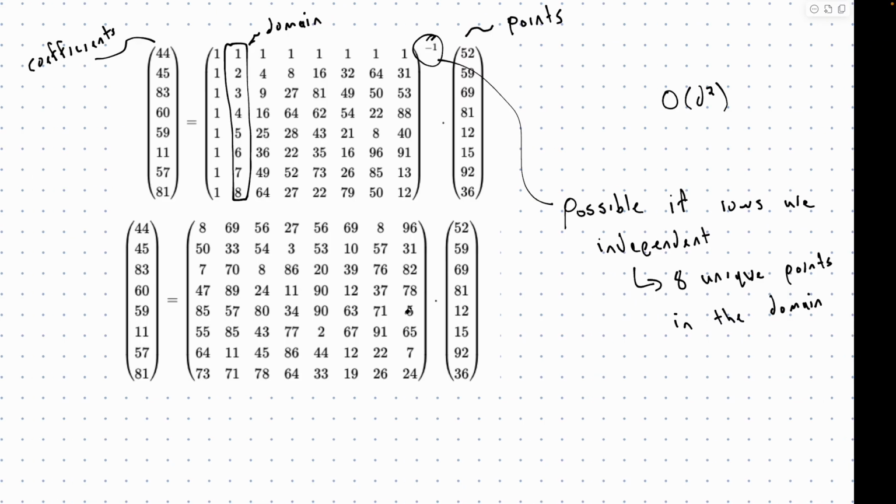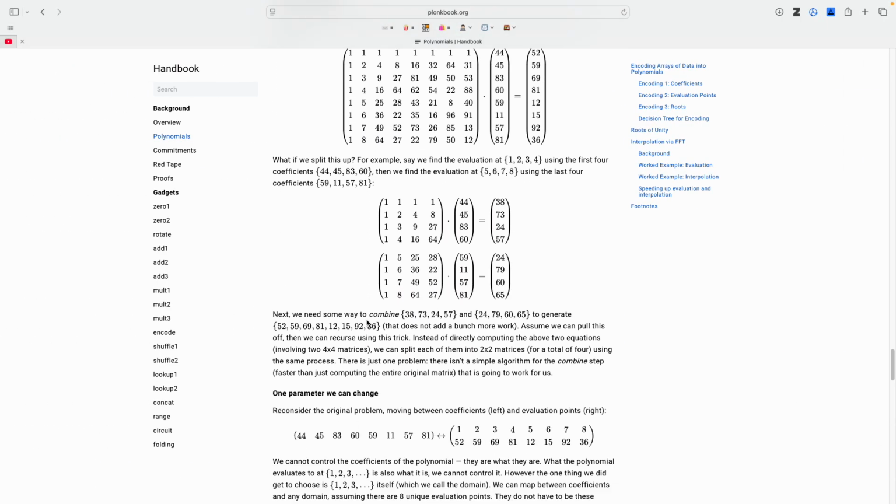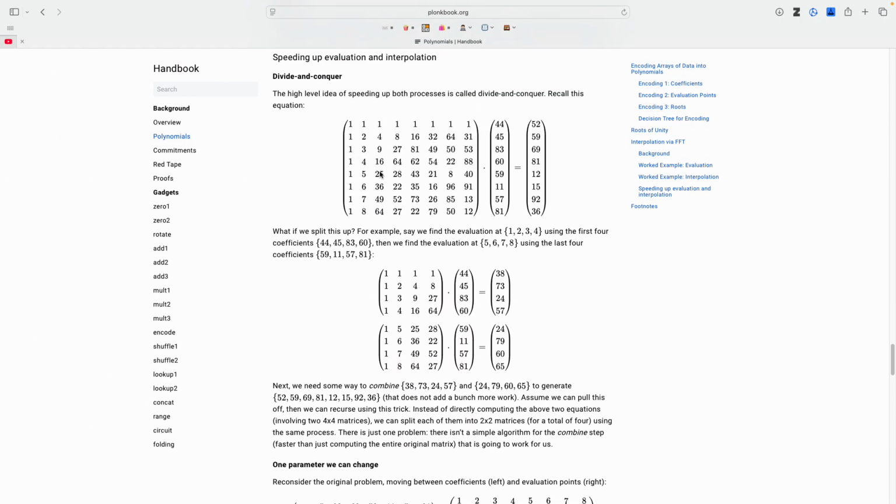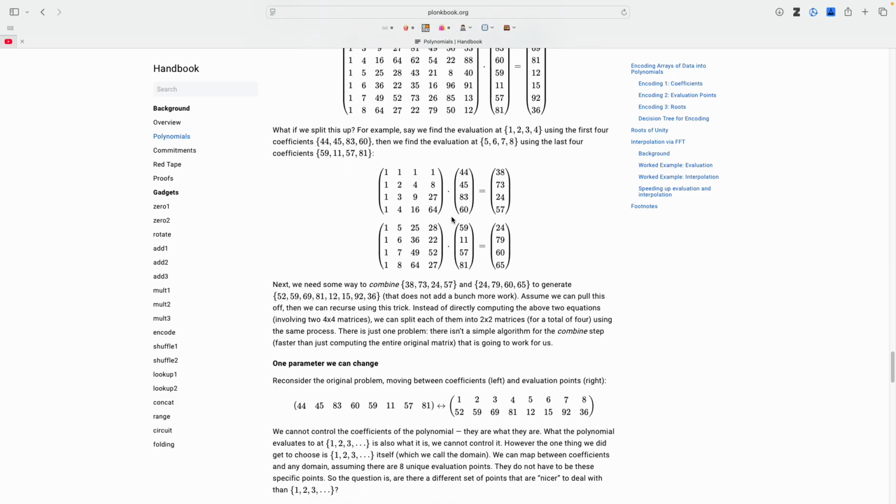Instead of doing this big matrix multiplication, I would take a smaller matrix and the first half of the values here, and it would give me the first half of the values, and then there would be some other matrix, and if I had these values here and these values here, then I would be able to do it in less time, okay?